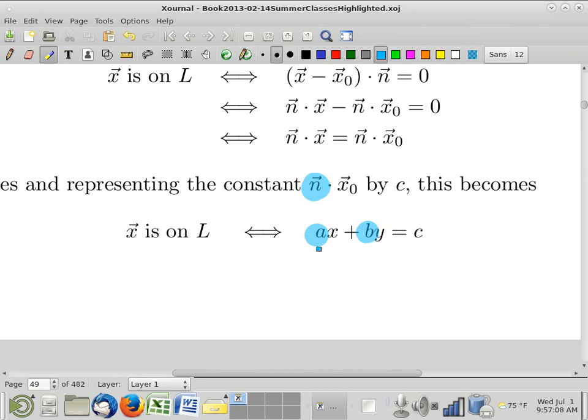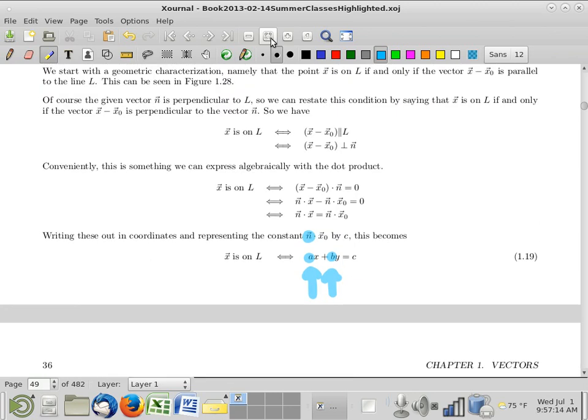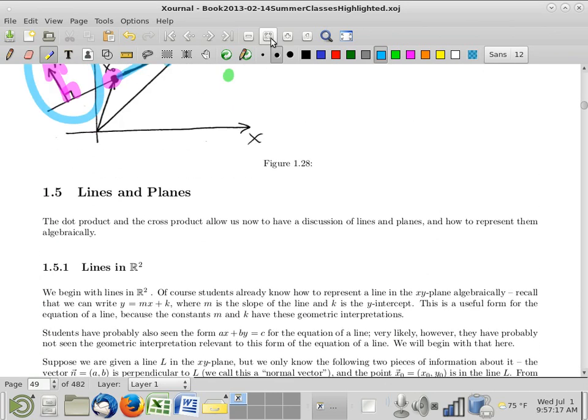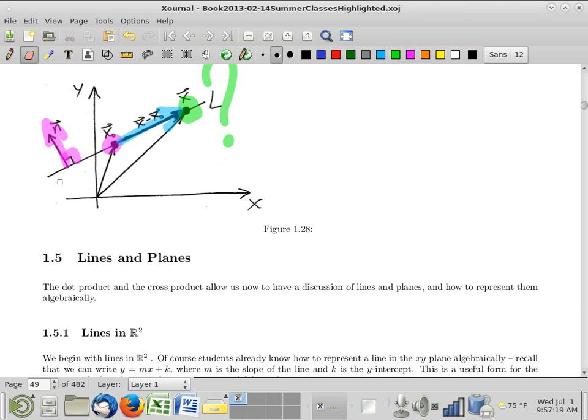So these two numbers tell you a vector perpendicular to the line. So they are geometrically natural. And the reason they didn't tell me is because being able to make that justification involves using dot products, and they just hadn't talked about dot products in middle school, of course.